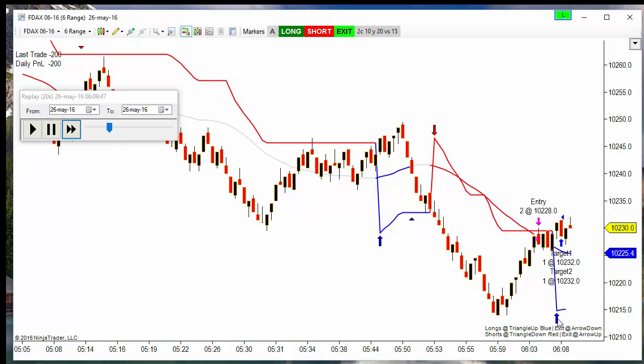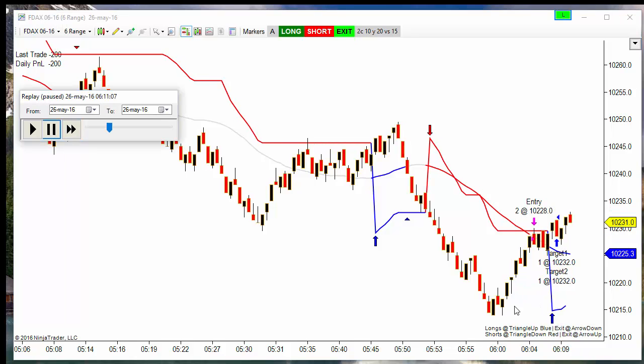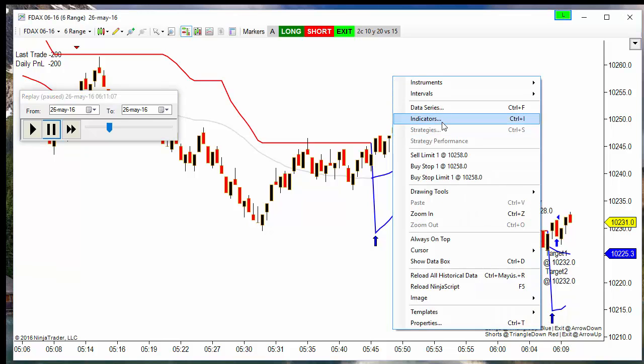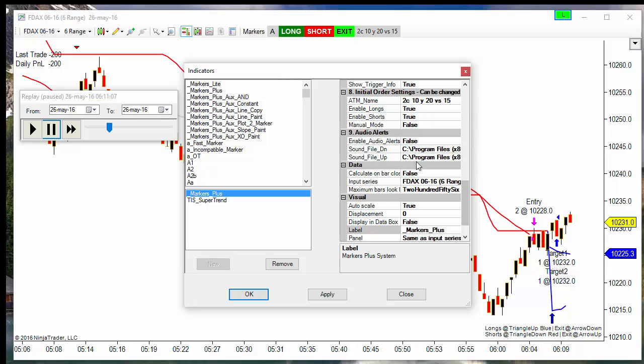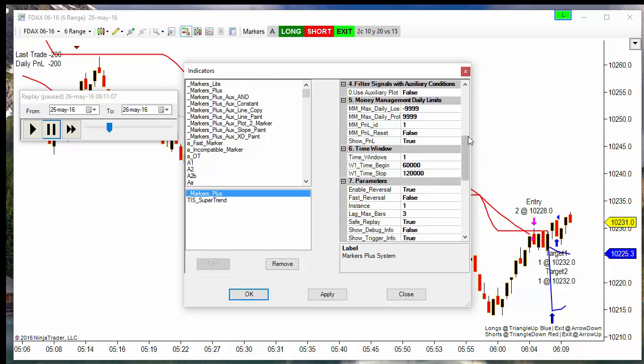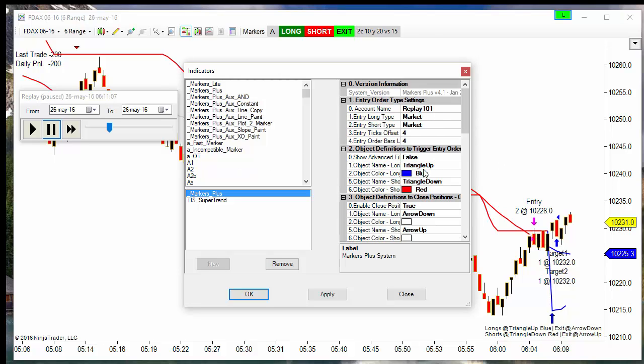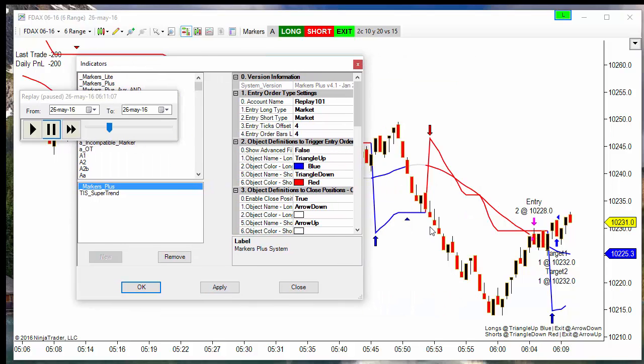Now we have a long trend change, so we are waiting for a pullback to the blue line. Markers on this example is configured to close any position when we have a trend change. So this short was closed at a minimal loss.